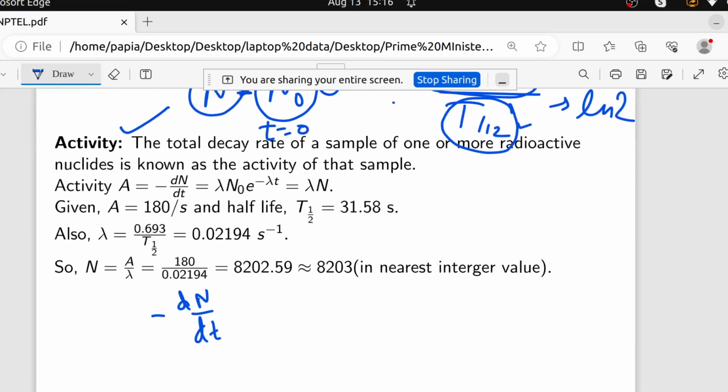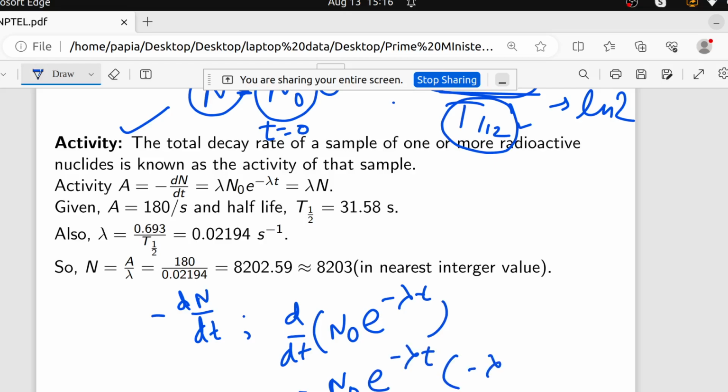So if I am going to find dN/dt, we will just take the derivative with respect to t. So d/dt of N0 e to the power minus lambda t. N0 is obviously a constant, so it comes outside, and then minus lambda t gives minus lambda.